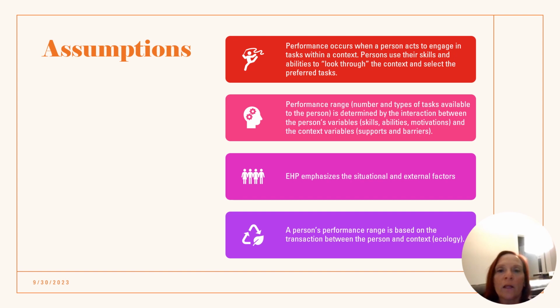The performance range, or the number and types of tasks available to the person, is determined by the interaction between that person's variables, such as their skills, abilities, motivation, and the context variables such as supports and barriers. So EHP emphasizes the situational and external factors. And a person's performance range is based on the transaction between the person and the context or their ecology.